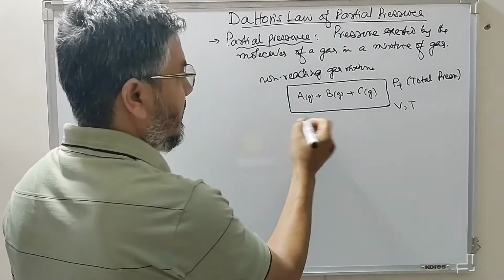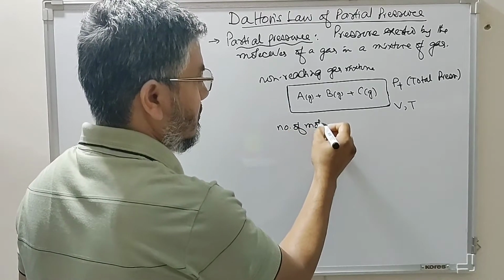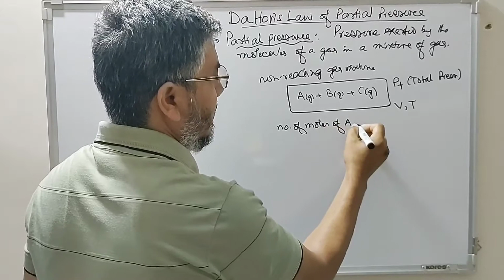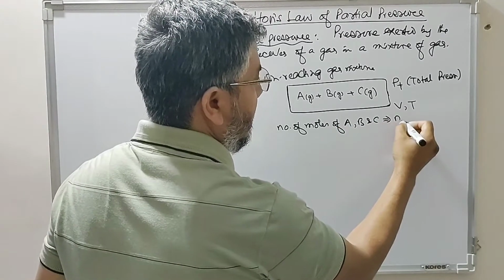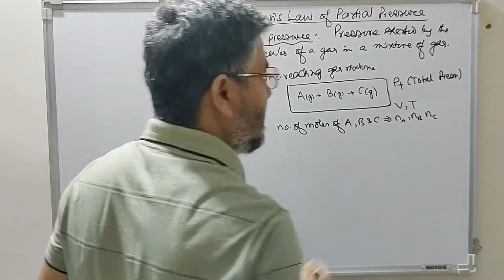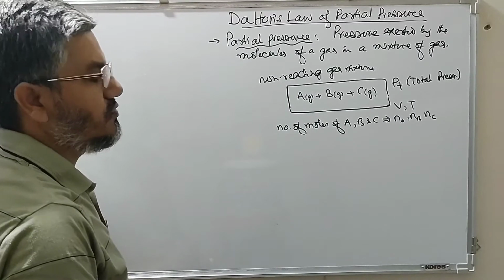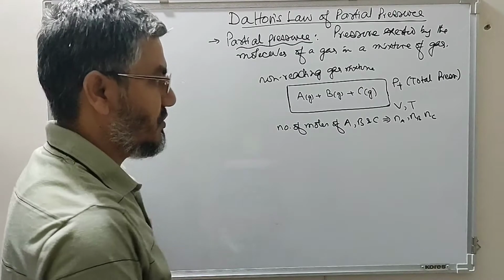Now the number of moles of A, B and C gas are Na, Nb and Nc. This is the number of moles of gases A, B and C present in this mixture.